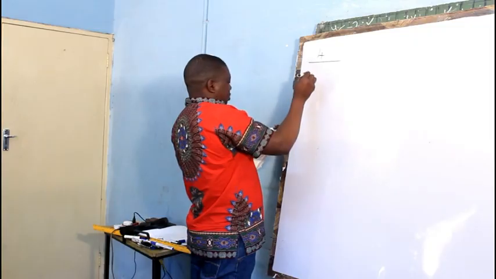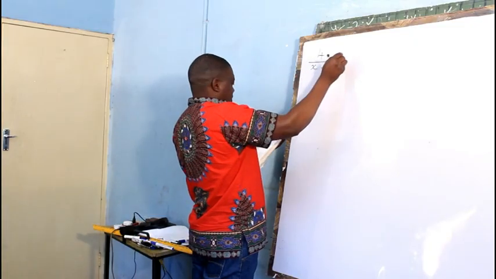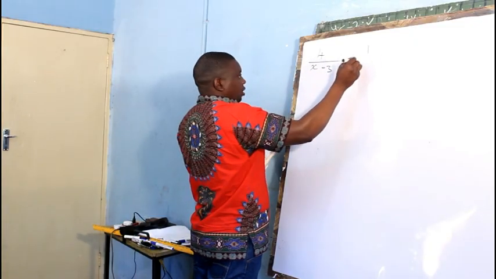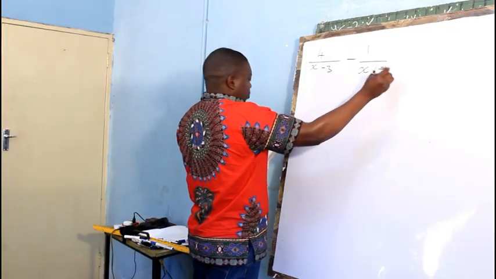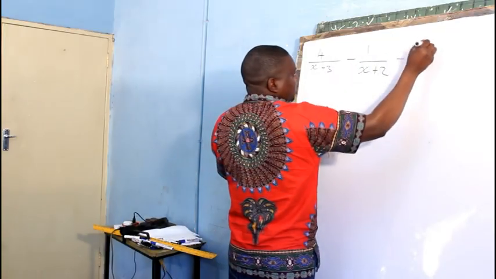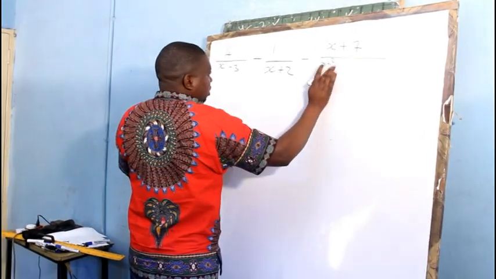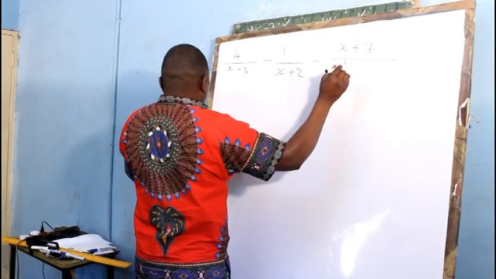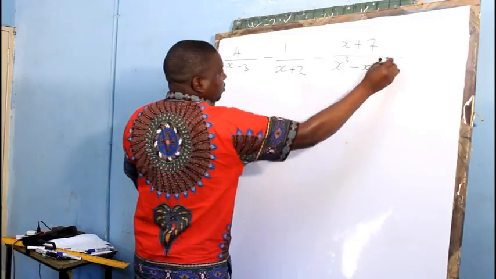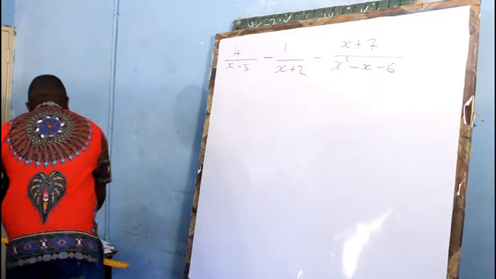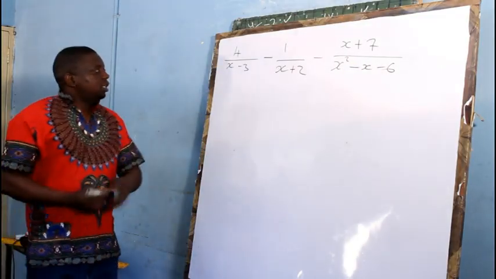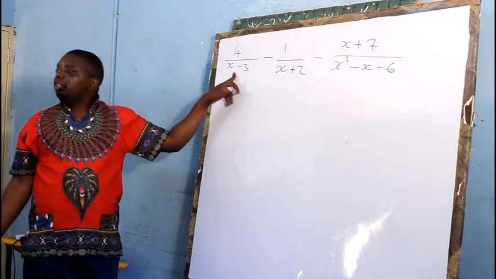Next question: 4 over x minus 3 minus 1 over x plus 2 minus x plus 7 over x squared minus x minus 6. Right, we have to factorize each.